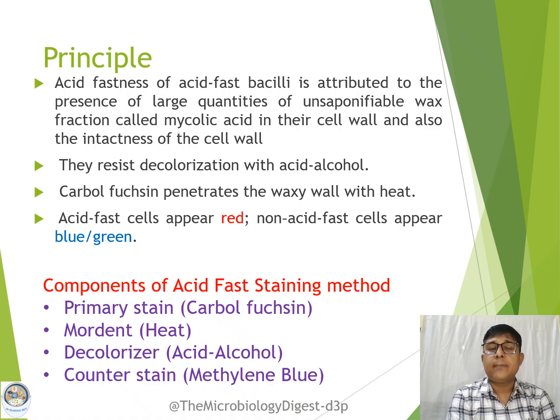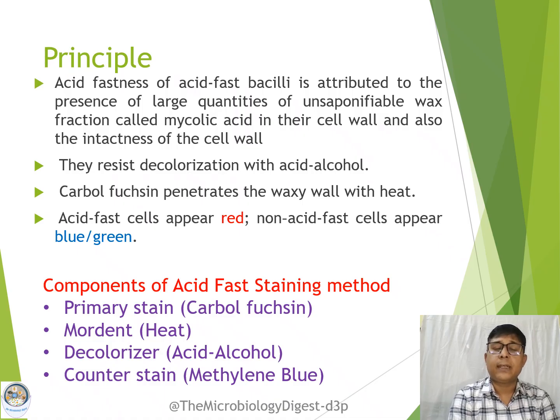This waxy material resists decolorization with acid alcohol. So acid fast organisms show a positive reaction in the acid fast staining technique. They take up the primary stain color, and the non-acid fast organisms take up the counter stain color.